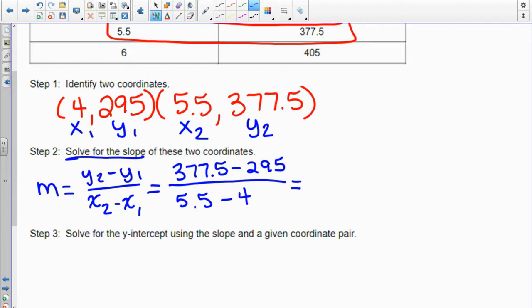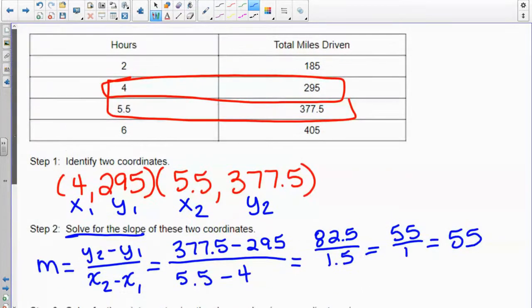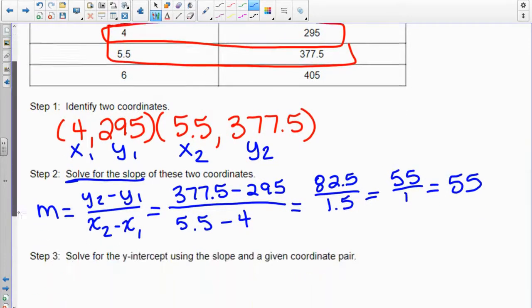So 377.5 minus 295 would be 82.5. And then 5.5 minus 4 is 1.5. And when I divide 82.5 by 1.5, I'm going to get 55 over 1, which we could just use as 55, which is a good sign because this is miles per hour. So I'm going the speed limit in this storyline because those are miles driven in hours.